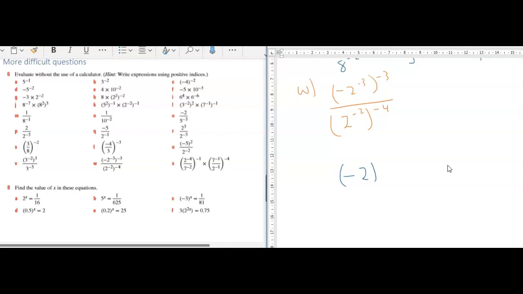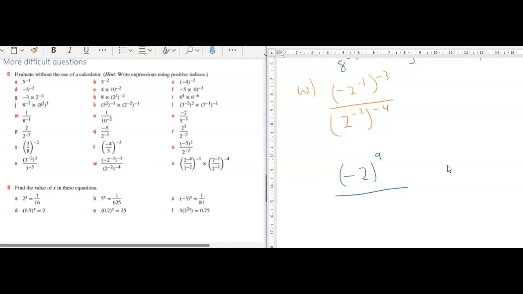So negative 3 times negative 3 gives you a positive 9. And then on the bottom, is that just positive 2? Okay, so remember when we take a negative base to an odd index, your answer is going to be negative. But if it was to an even index, it becomes positive. So that's why I keep them in brackets.